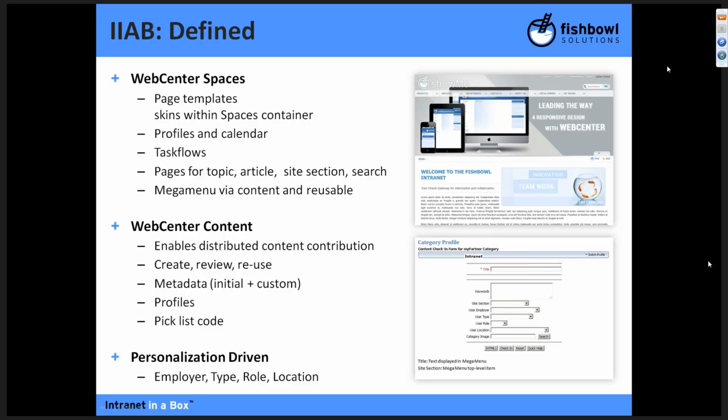All that's accessed via a menu approach, which is driven via content as opposed to programmatically, and it's reusable across the multiple sites that you might roll out in your organization.